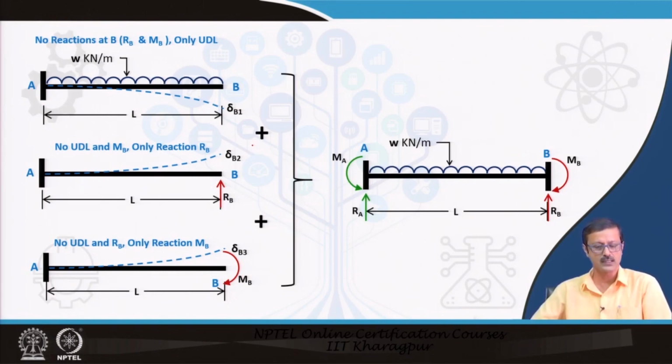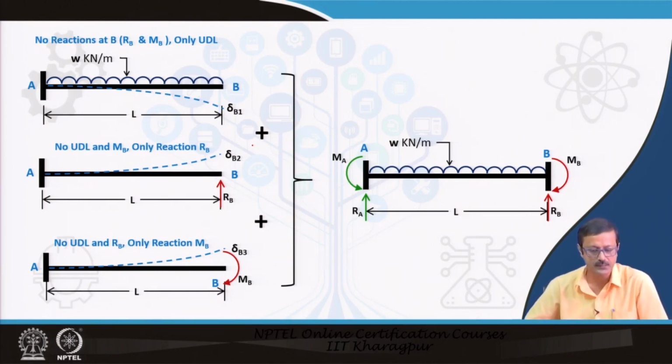So, as the UDL will be there on the beam, this beam AB is now changed to a cantilever beam, which is a statically determinate beam, because we have removed R B and M B, that is, we have removed the fixed end itself.